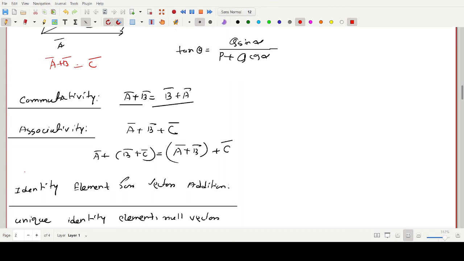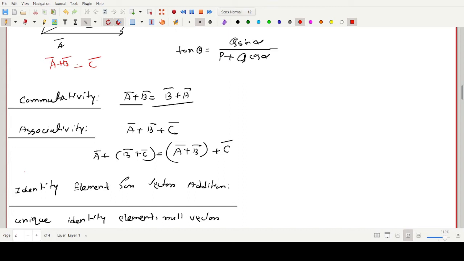So you should understand the definitions of those properties and their applications.